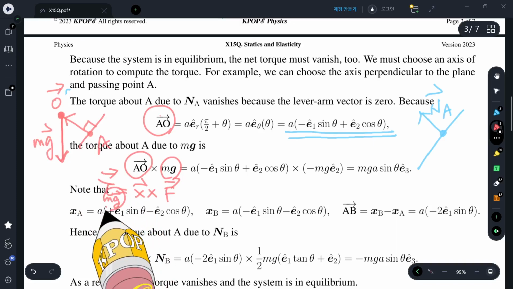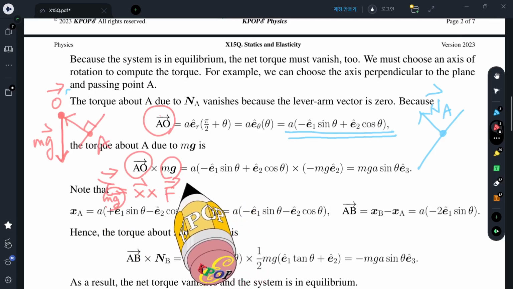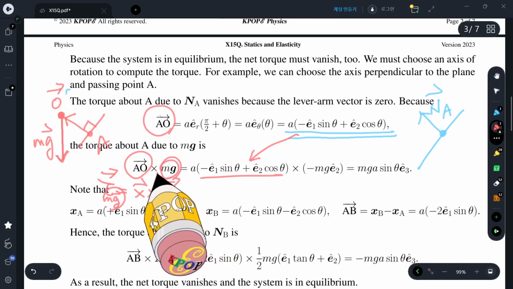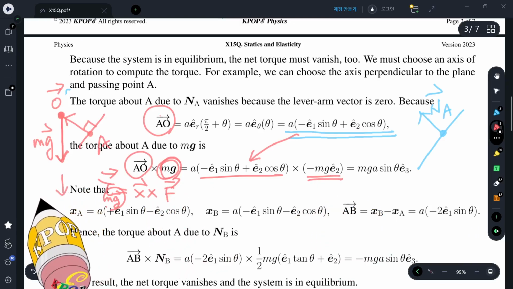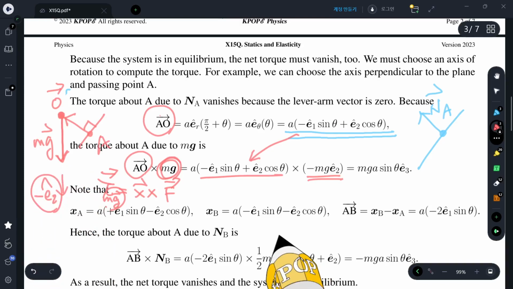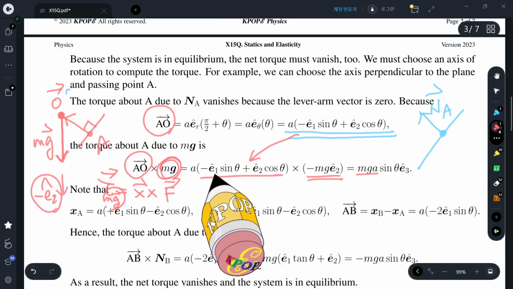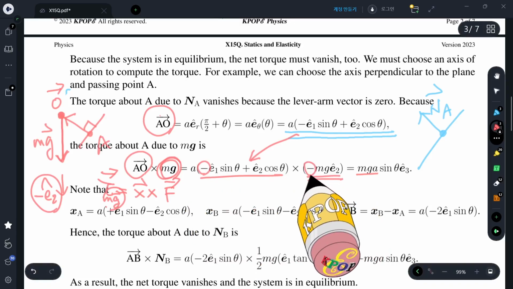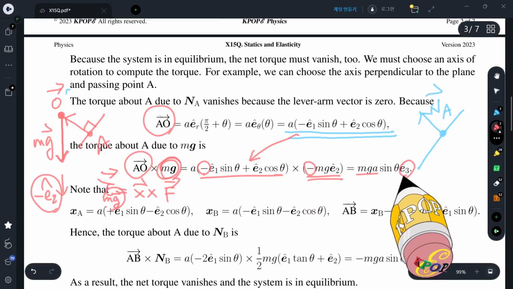Alright, so I substitute this one, and the gravitational force is minus mg e2, so minus e2 direction is downward. So I compute mga, and e1 cross e2 is e3.